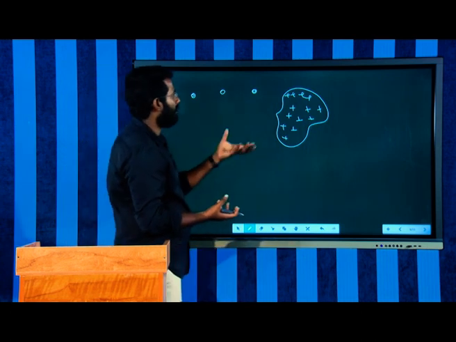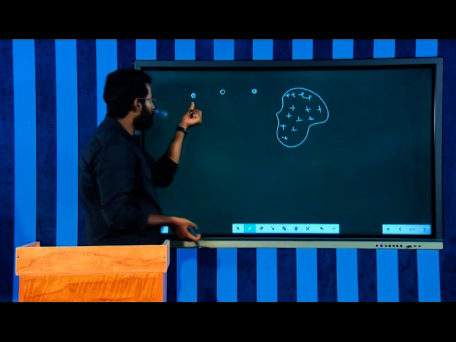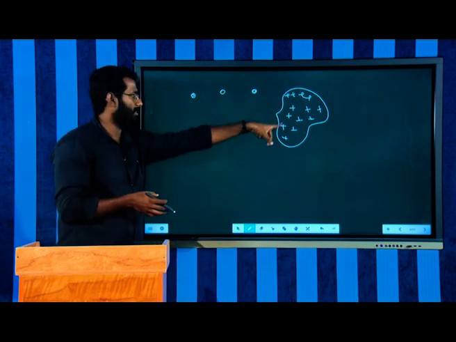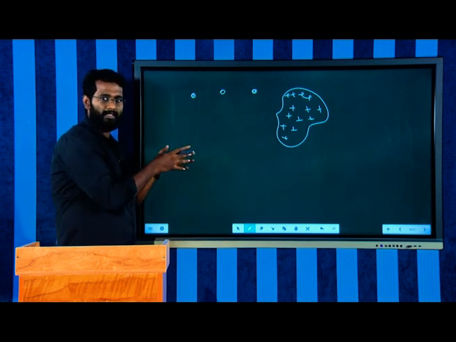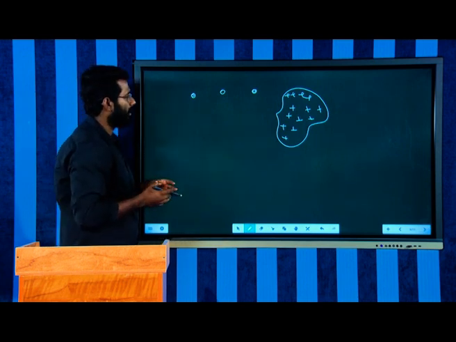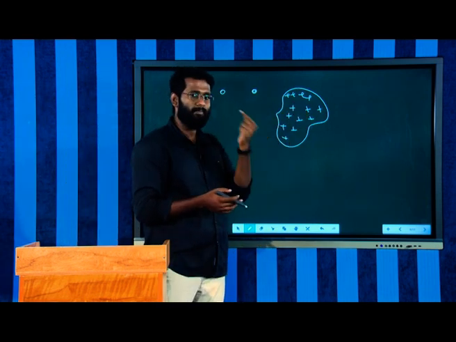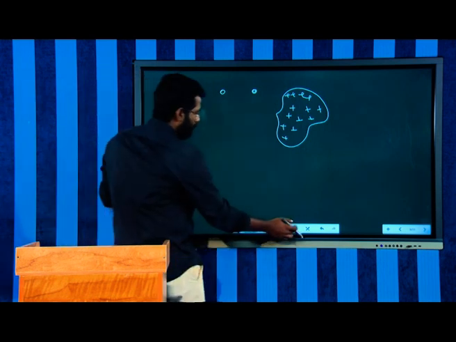In actual practice the charges may be distributed like this, but we can still apply the equation that we learned for discrete charges. Why? You can consider this distribution as a point charge when you are looking from very far away.